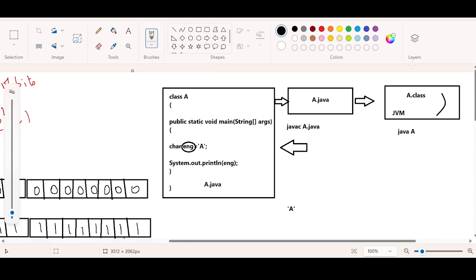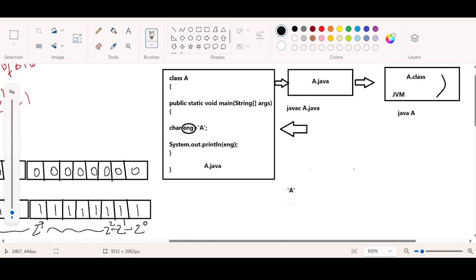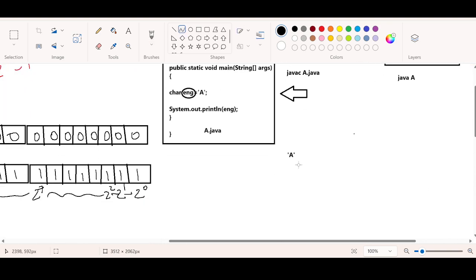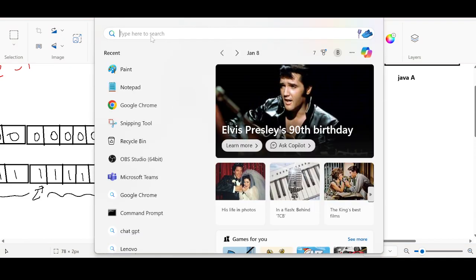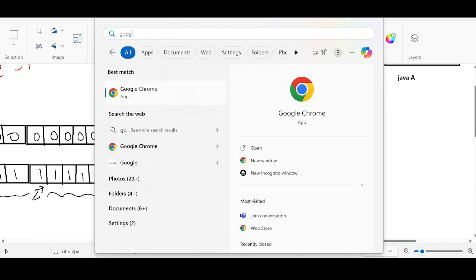What is the Unicode for the value A? There is a Unicode chart. This A will be converted to the particular Unicode. I will tell you how to calculate that Unicode.